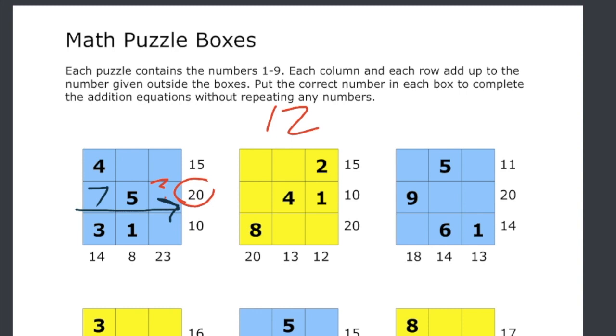All right, well, we know 7 plus 5 is 12. And we also know that all of these 3 numbers have to equal 20. So we have 12 plus something equals 20. We can do our whole part chart.